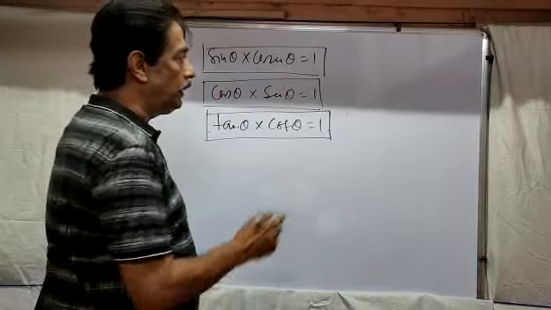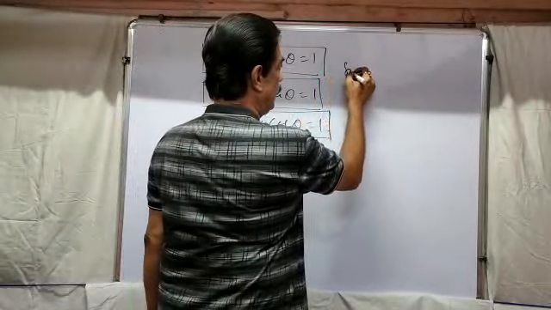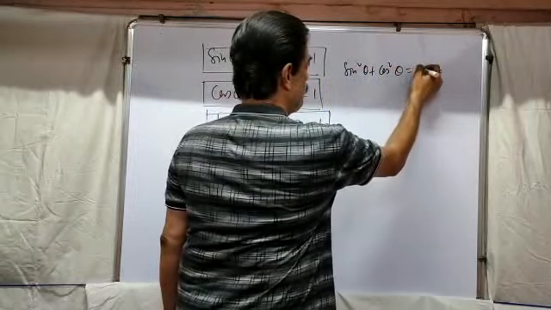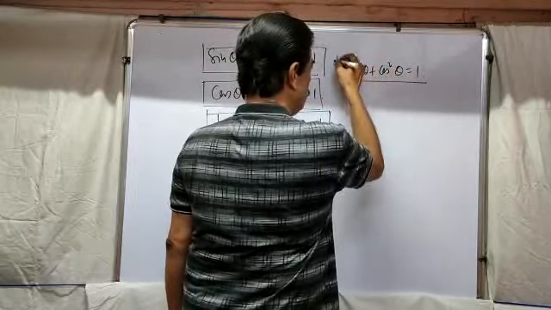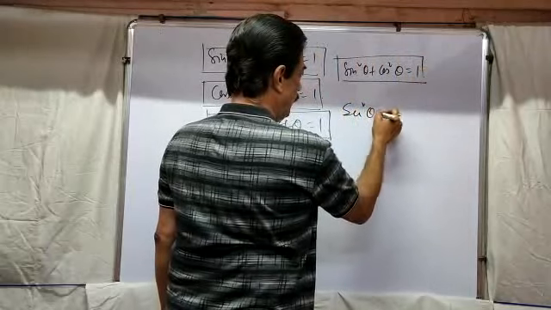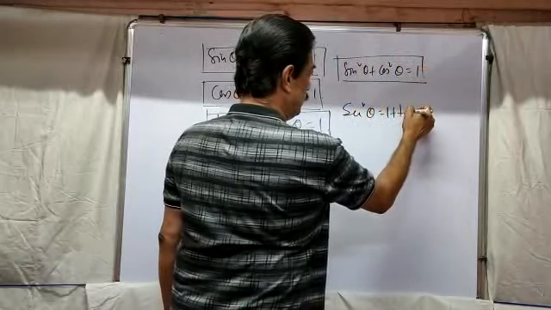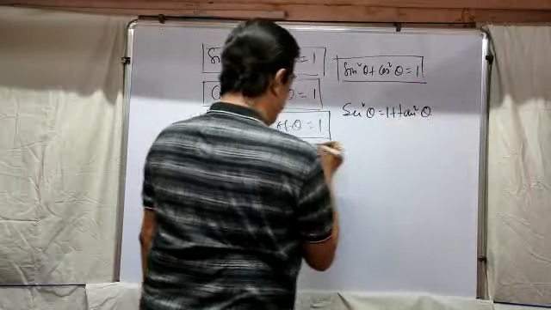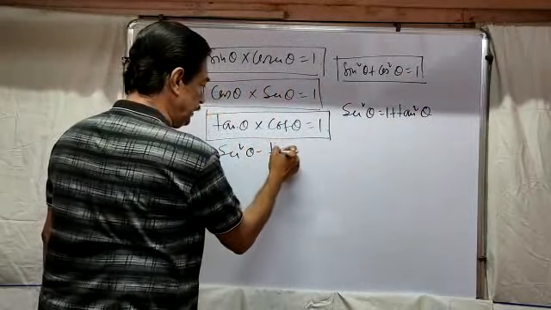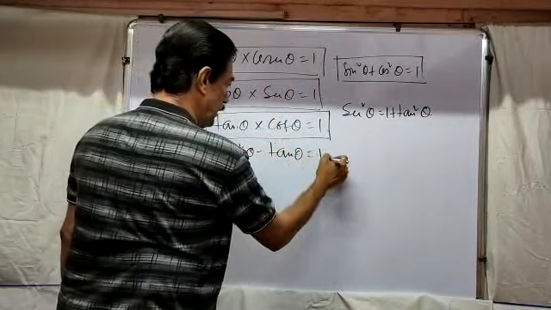Now we know some extra formulas. Sin square theta plus cos square theta equal to 1. This is another elimination formula. We know the formula sec square theta equal to 1 plus tan square theta, so we can write the elimination formula sec square theta minus tan square theta, the result will be 1.